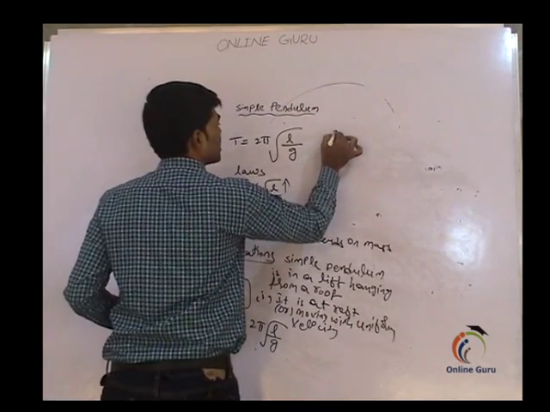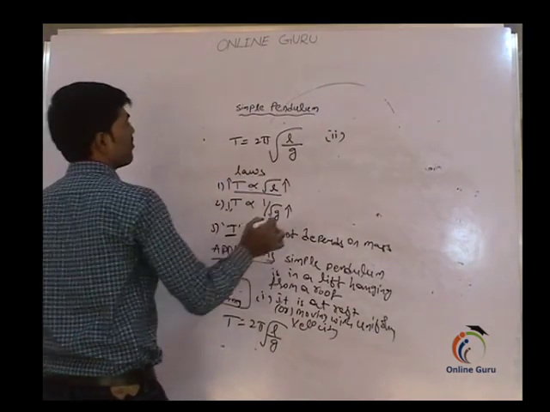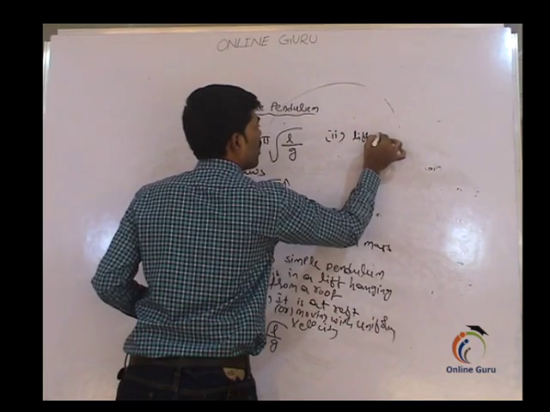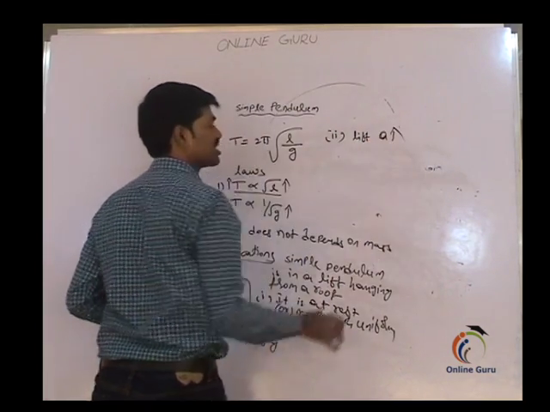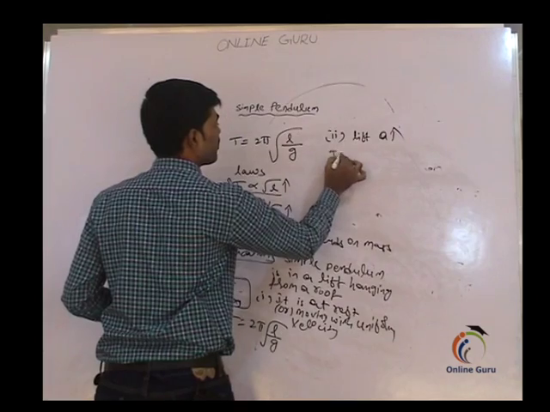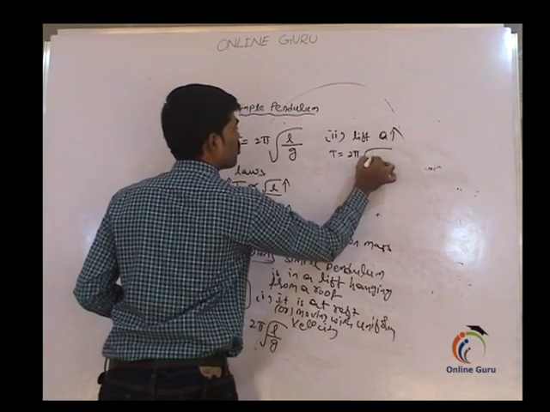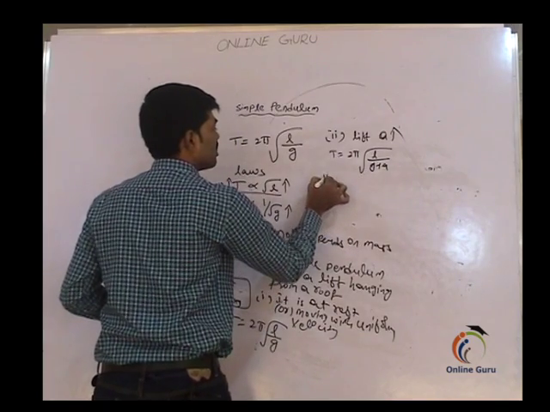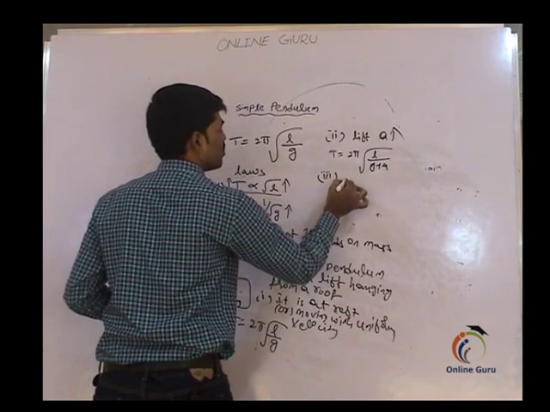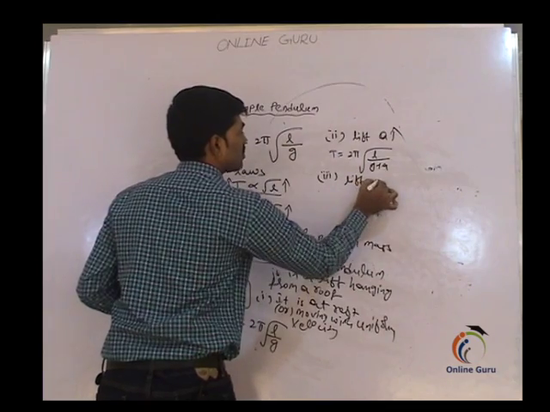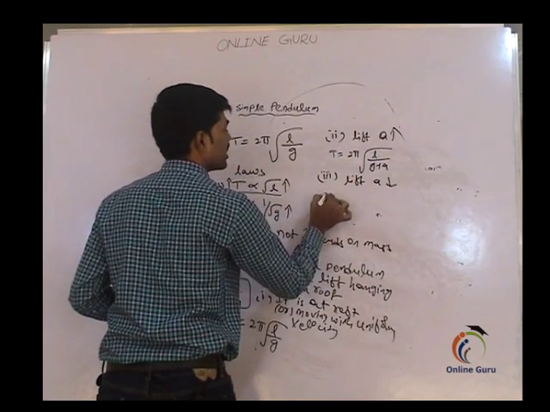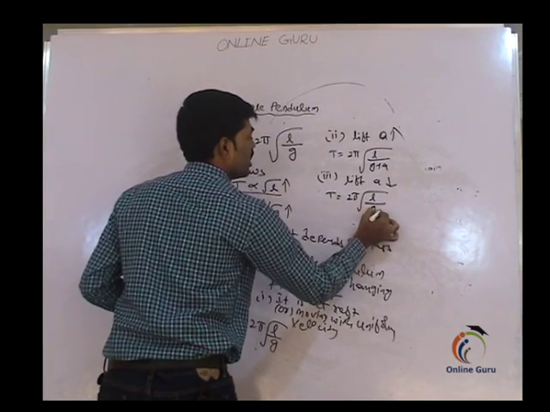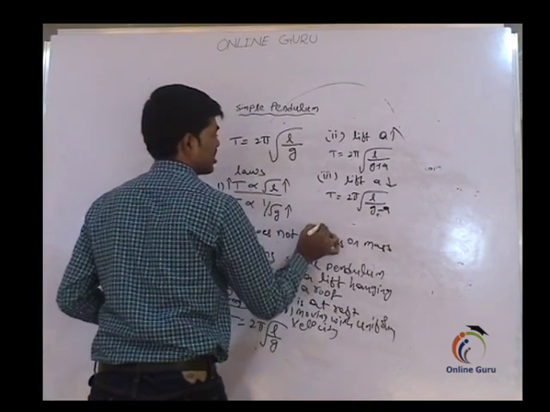In the second case, if the lift is moving upwards with an acceleration a, then the time period becomes 2 pi under root of L by g plus a. In the third case, if the lift is moving downwards with an acceleration a, then the time period is equal to 2 pi under root of L by g minus a.